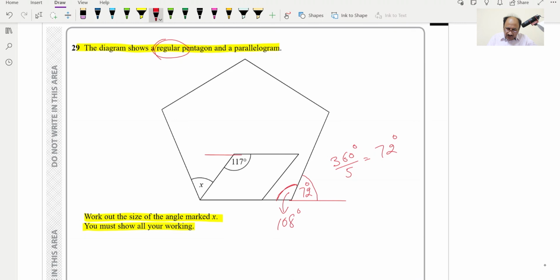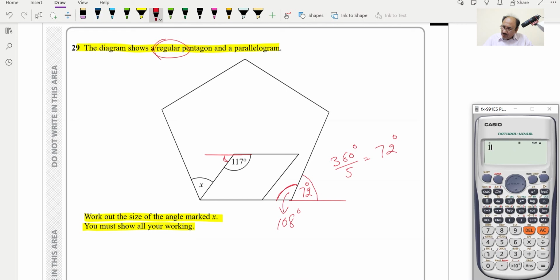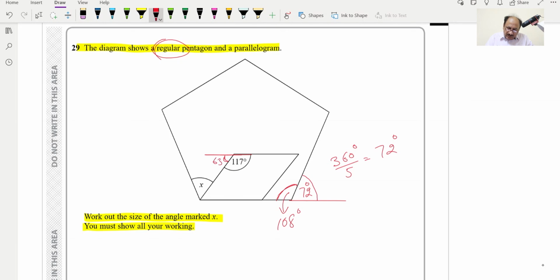And now we can consider this straight line. So how much will this angle be? This angle will be 180 minus 117, which is equal to 63. So this angle is 63 degrees and this angle will also be 63 degrees, and x will be 108 minus 63.